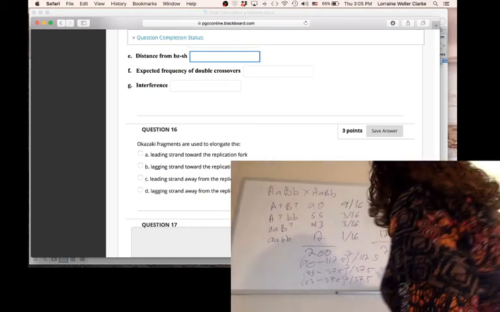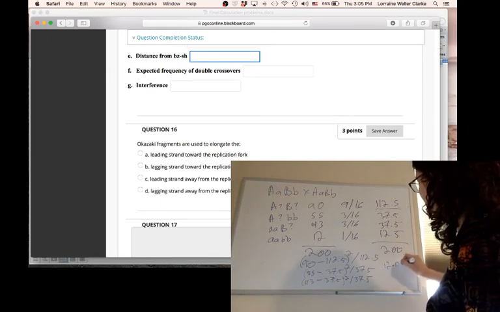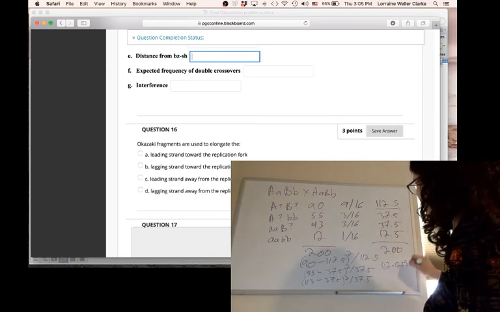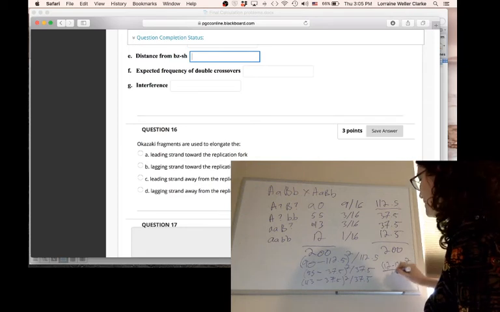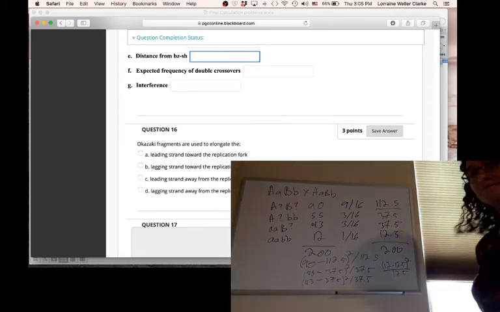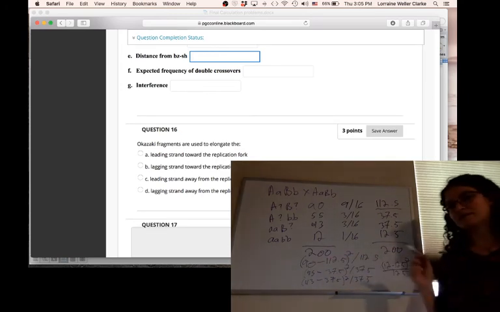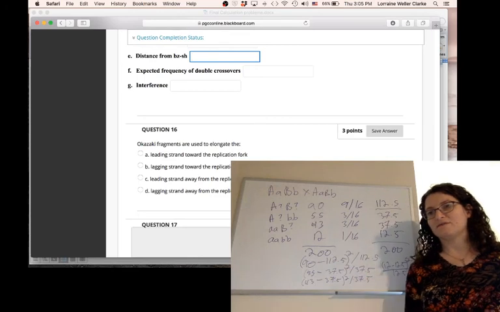And the final one, I didn't squish it well enough, would be 12 minus 12.5 squared over 12.5. Okay. Do these 4 and you have your chi-squared value.